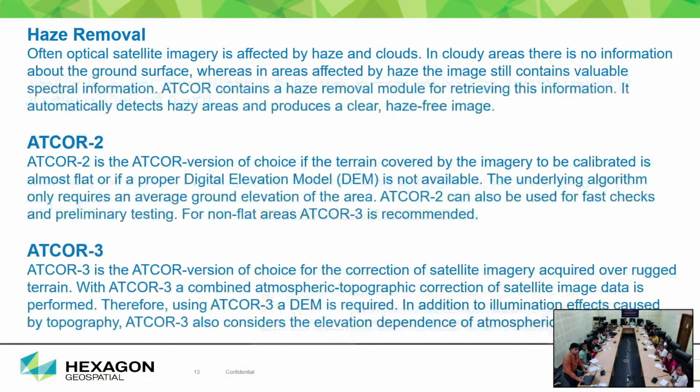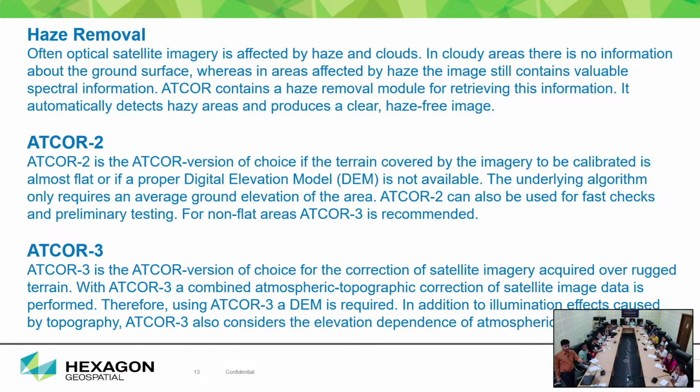ATCOR 2 is the version of choice if the terrain covered by the imagery to be calibrated is almost flat or you don't have any digital elevation model. During the atmospheric correction we need the elevation data also. So if you don't have the elevation data and the surface is flat, then we can go for ATCOR 2, okay.